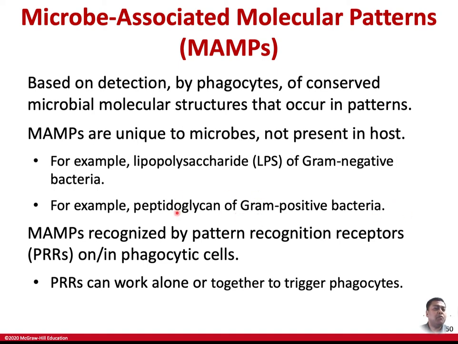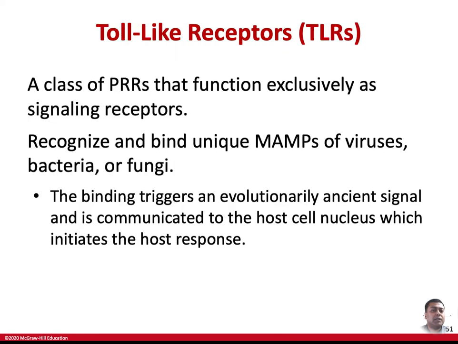Peptidoglycan is very unique to the bacteria. The MAMPs are recognized by pattern recognition receptors. These pattern recognition receptors are known as PRRs, and they are present on the phagocytic cells. And the PRRs, or the pathogen recognition receptors, can work alone or together to trigger phagocytosis.